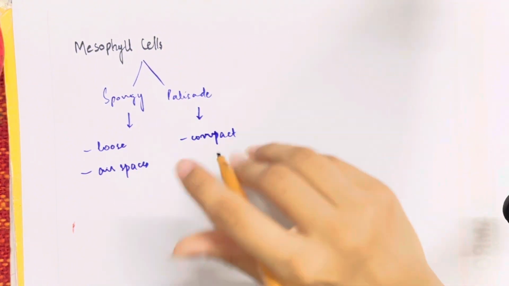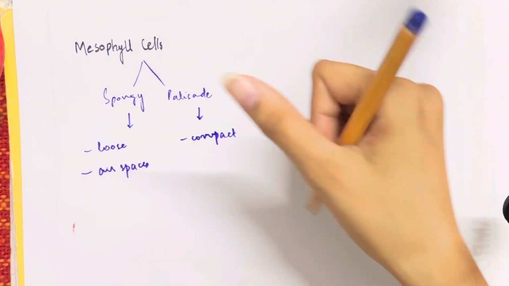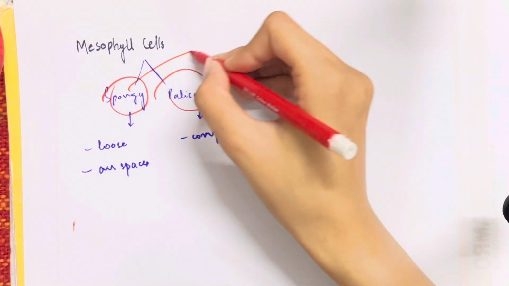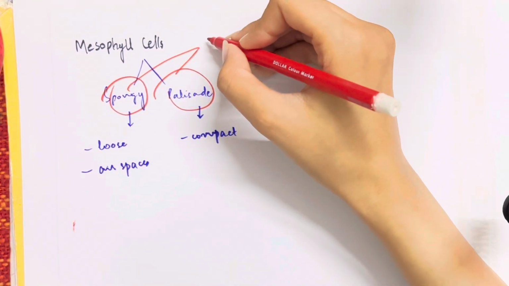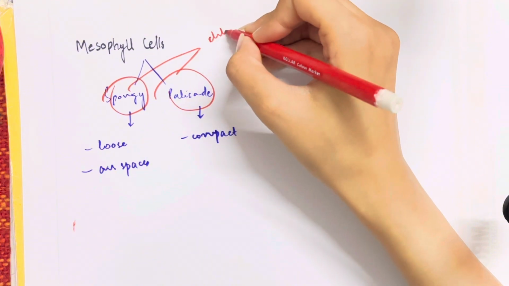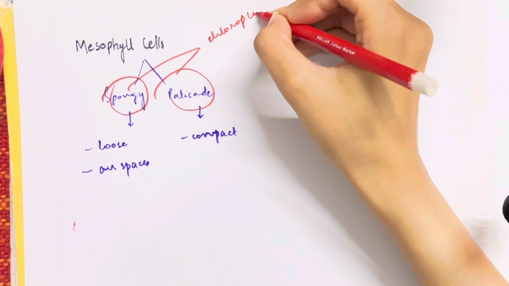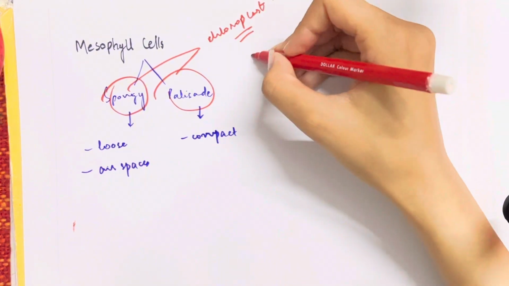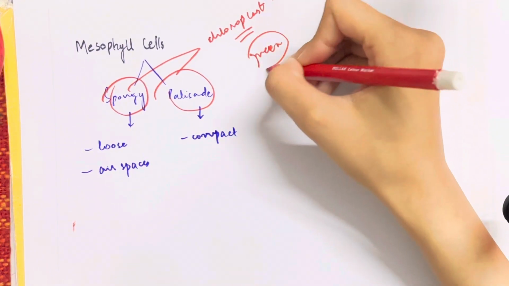Both of these cells carry numerous chloroplasts, so they function very efficiently. Chloroplasts carry the green pigment that helps to absorb light and also gives a green color to the leaf.